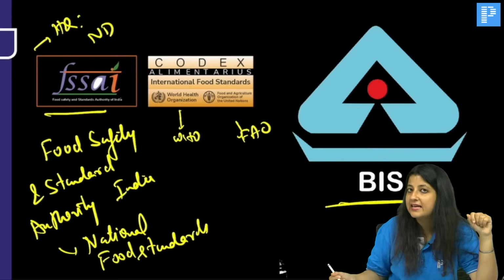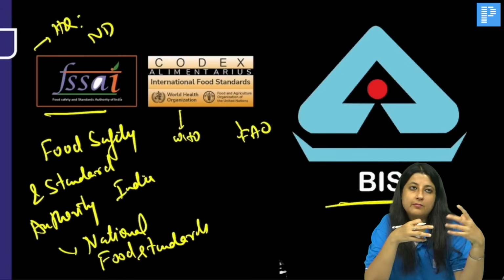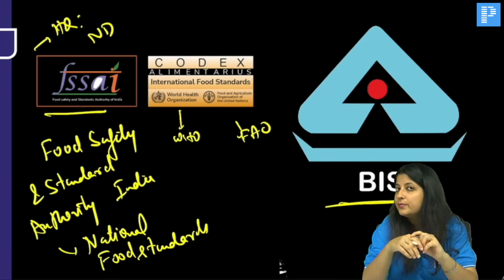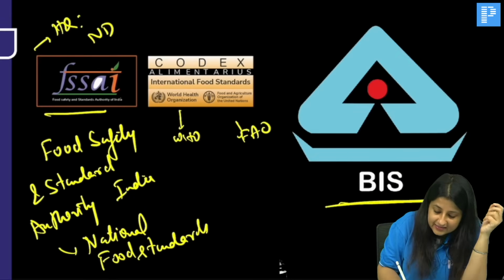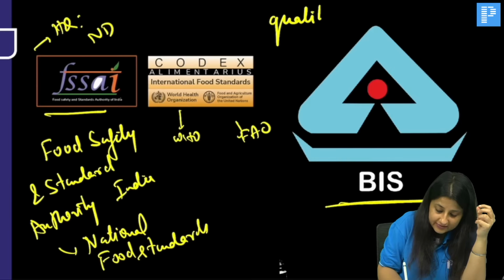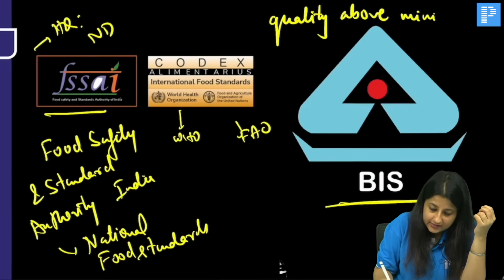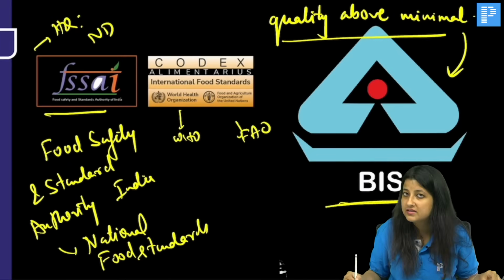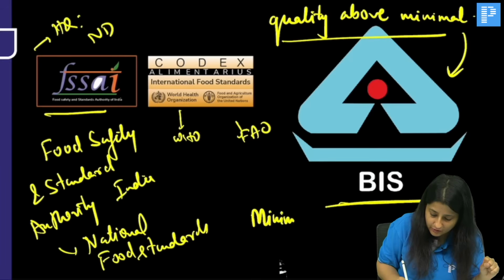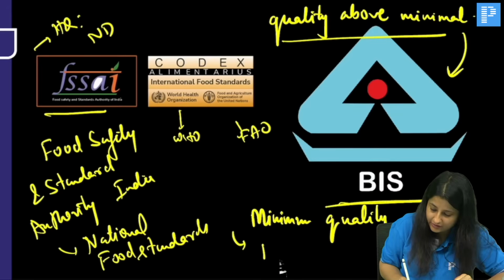And what is this, BIS? The BIS logo is also there on jewelry. Whenever you go to buy jewelry for your mother, for your wife, for anybody, you should always look for the BIS mark. BIS mark is also on food products, appliances. This tells us quality above minimal. The minimum quality of a food product is according to the PFA Act, Prevention of Food Adulteration Act.